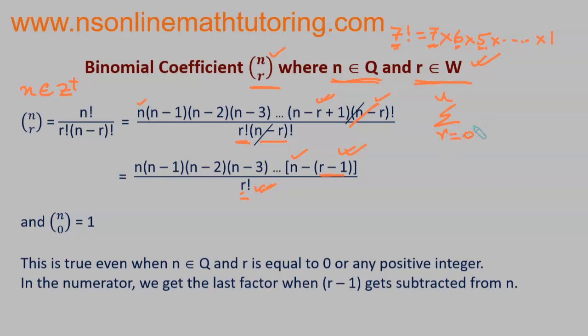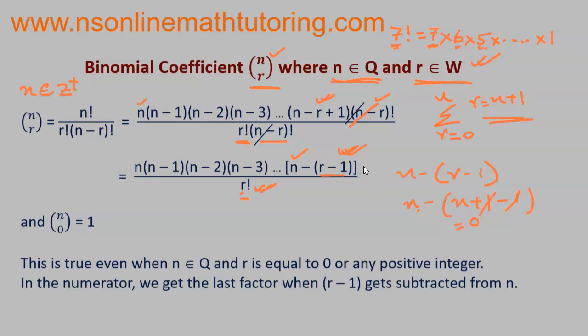Because if we take r equal to n plus 1, what happens to this part, n minus r minus 1? In place of r I am writing n plus 1, minus 1. And this is n minus n, which will be equal to 0.